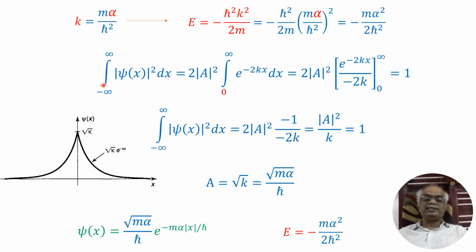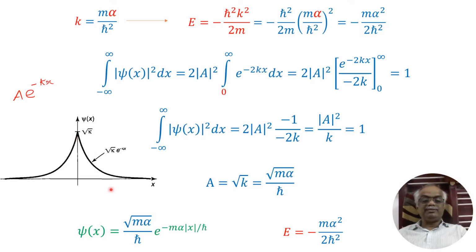Now, next task is you find the normalization constant. For normalization constant, integral from minus infinity to plus infinity of modulus psi squared dx is equal to 1. You know that this wave function is A into e power minus kx in the positive x direction.